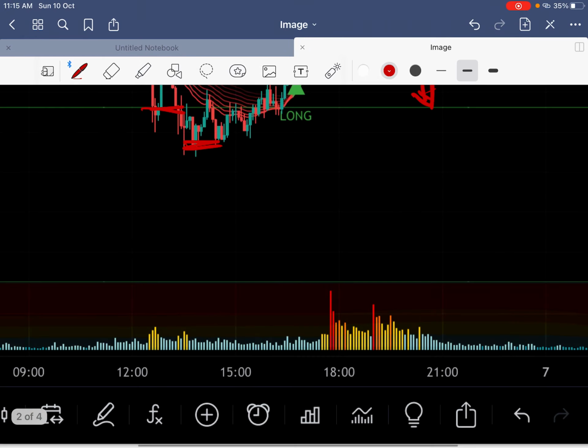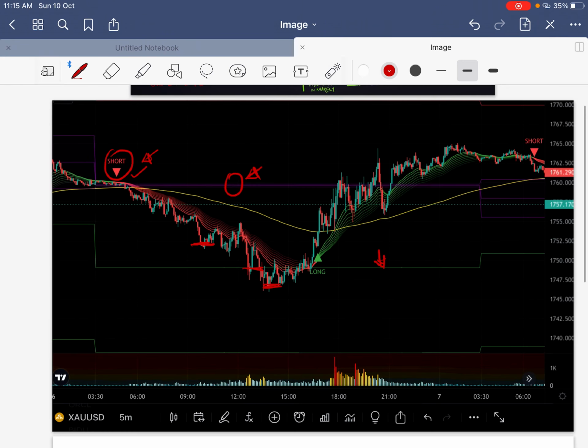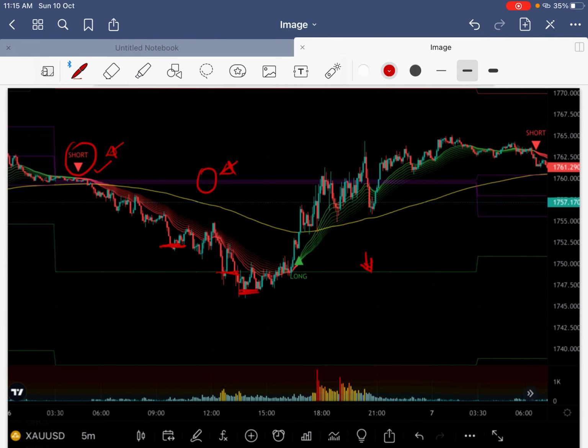As you can see, this is a narrow CPR, which means there is only a little difference in the CPR lines. But in the case of the next CPR, you can say the CPR is wide.